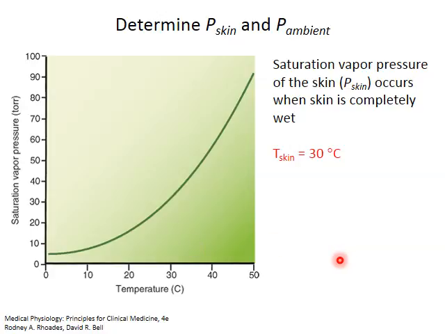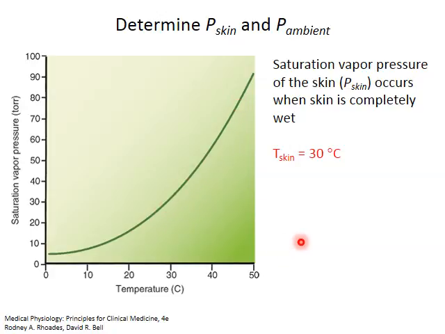To determine those values, we can use this graph. On the x-axis is temperature in units of degrees Celsius. On the y-axis, saturation vapor pressure in units of torr. As the temperature increases, the saturation vapor pressure also increases.